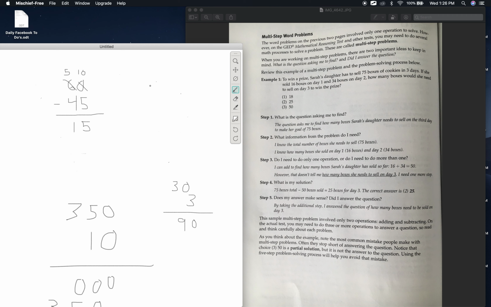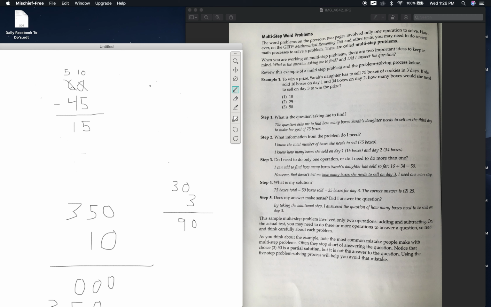So 75, which is the total she needs, minus 50, which is what she already has. 5 minus 0 is 5, and 7 minus 5 is 2. So that gives you the amount that she needs to get on day 3.